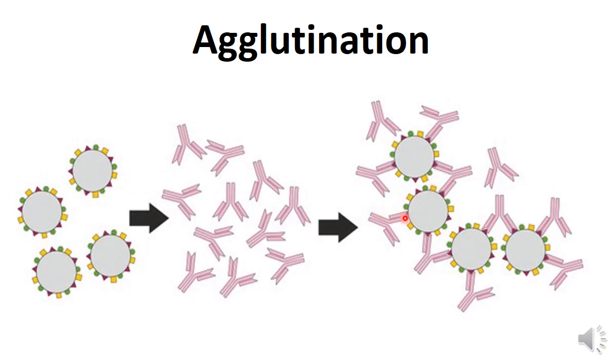While it is preventing it to move, it is making agglutination. Agglutination is the process where the antibodies bind to the antigens of the virus and prevent it from moving anymore and makes clumps because they are all now together. It's called agglutination.